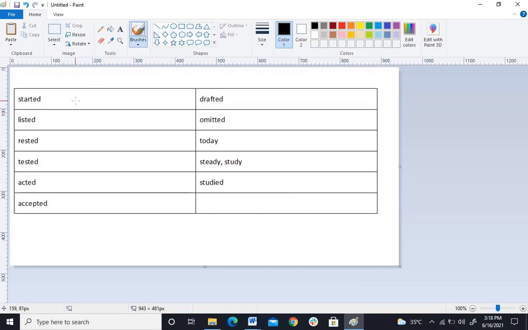We have started. So, is, tar, and then TED. Drafted. We have the rough, TED. Kita nyo, mas mahaba pa rin dapat yung TED compared sa D. Listed. So, we have list, TED. Omitted.